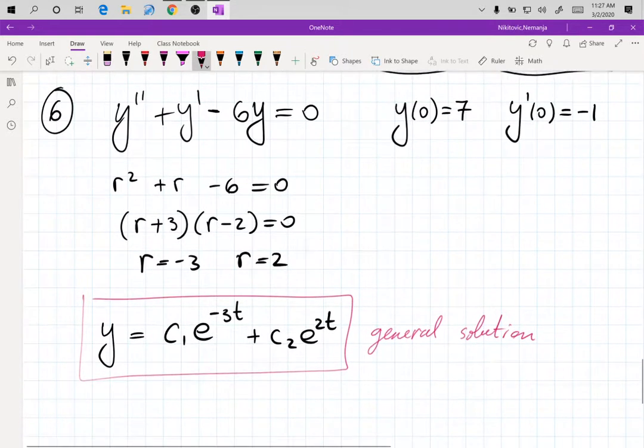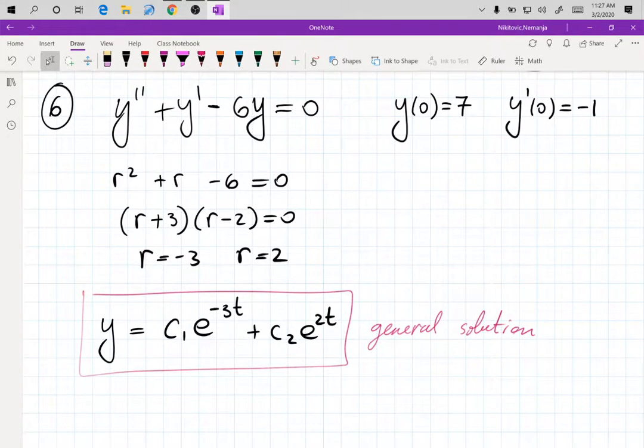We are able to compute the C's now because the conditions are given to us. Now, observe that the first condition here is for the y as is. The second condition here is for the y prime. Do you have a y prime?